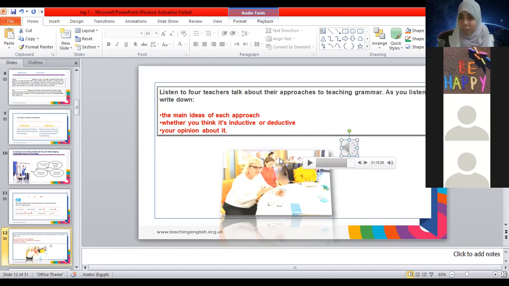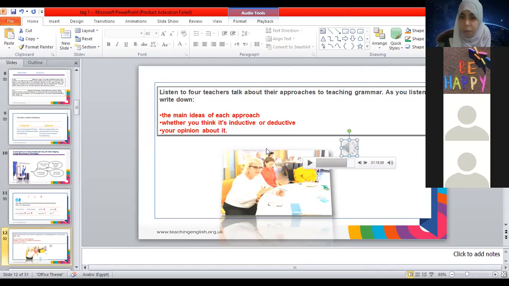When I discover the rule with my students and encourage them to participate, I think they will have fun depending on the activity that I use. But if I use a direct way, explicit learning, I don't think they will have any kind of fun.